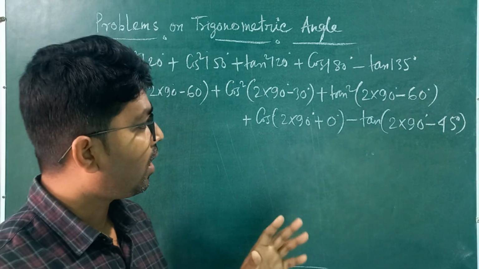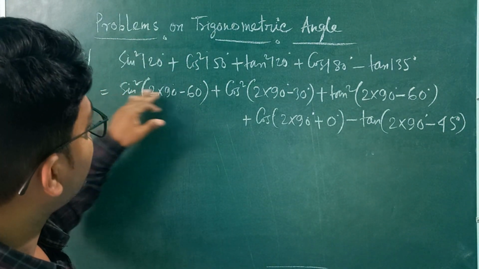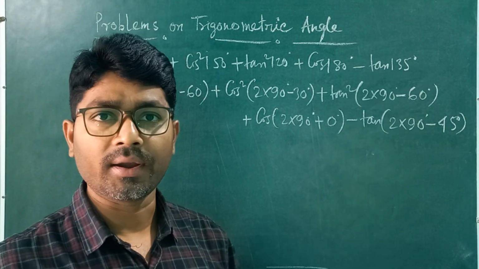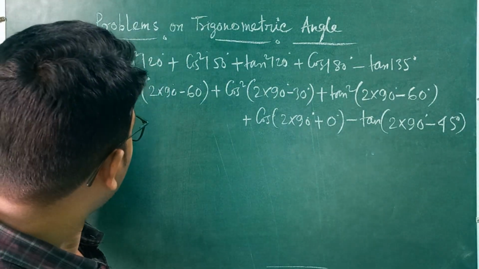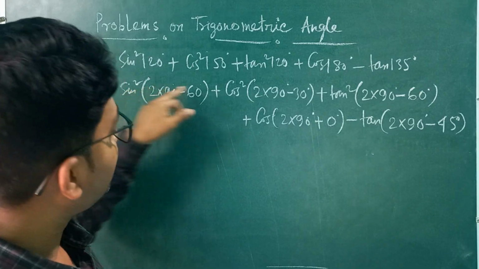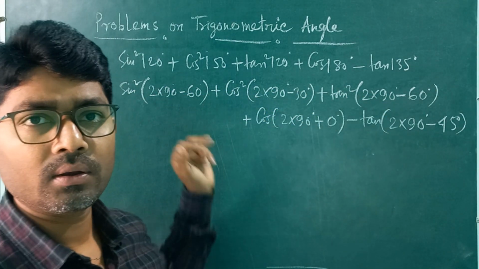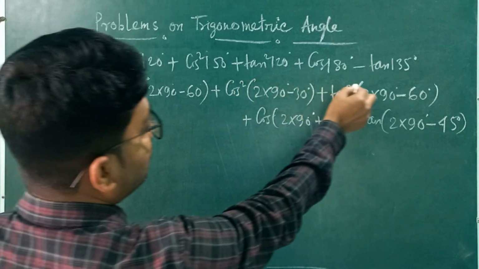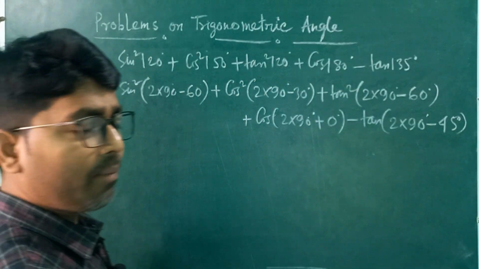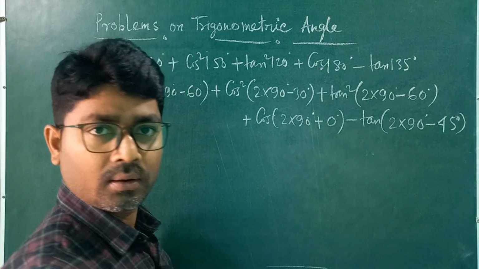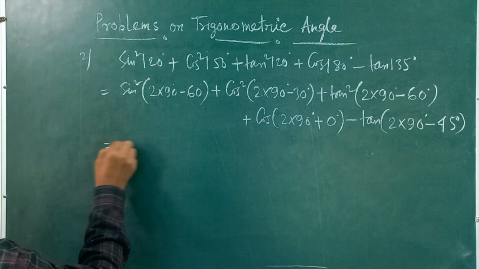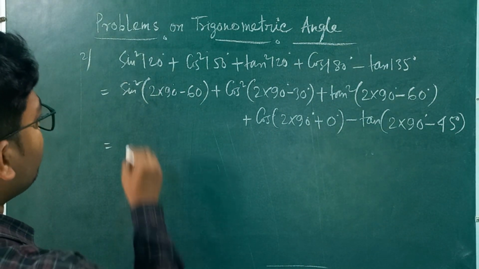That is, I don't have to check in which quadrant this trigonometric ratio lies, whether it is positive or negative, because it will become positive as this is square. So in your problem, if there is an even power, then you don't have to check whether they are positive or negative, because this will always be positive.